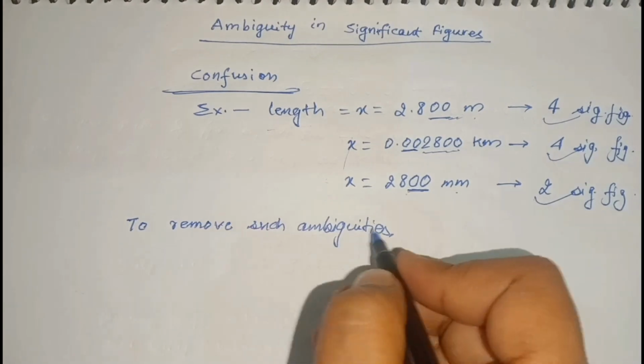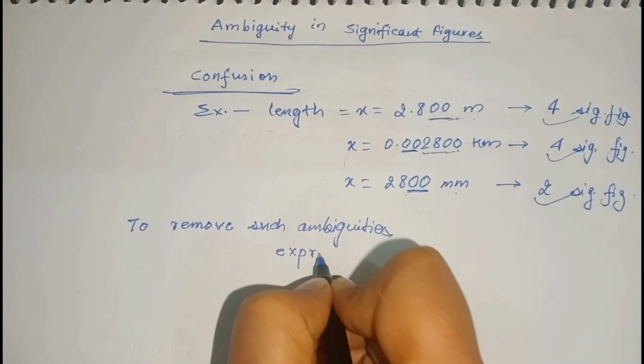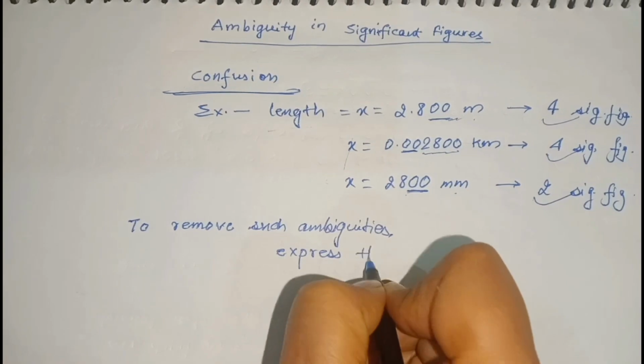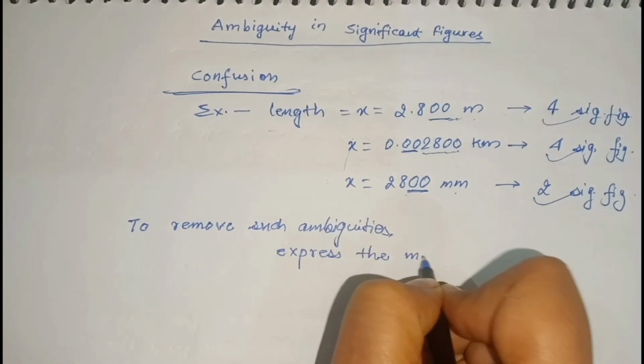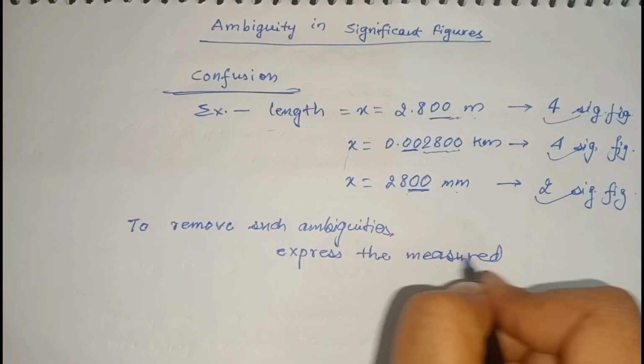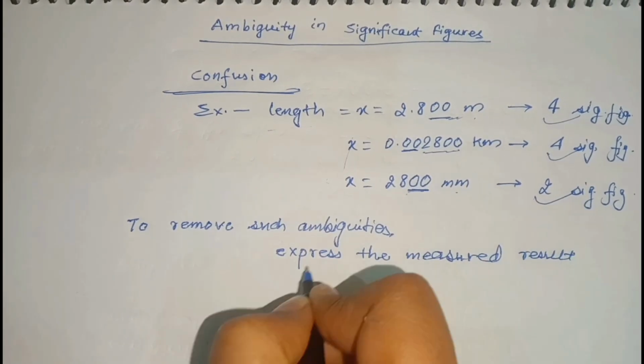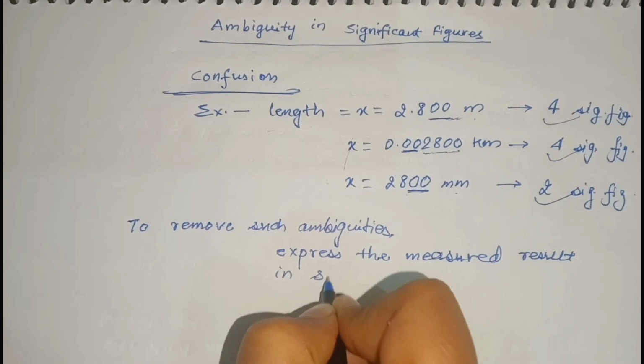The best way to remove such ambiguities is to express the measured result in scientific notation.